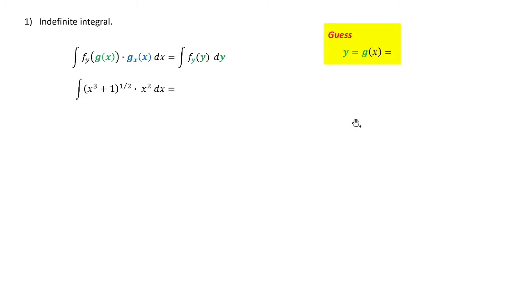Okay, we have to guess g, and looking over here, that's what I'm going to take. It does take a little practice, but again, you'll start to see there's only so many scenarios that can happen. So you'll begin to get a feel for what you have to choose. I'm going to be using composition of functions. So again, if you made the wrong choice, if you set all this to the 1/2, you'll take the derivative, you see you can't get it to work.